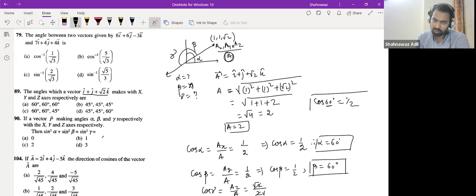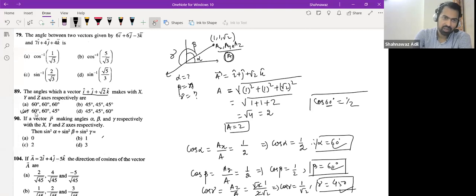So this is 1 by root 2, and so what would be the angle, guys? For what value of theta is the value 1 by root 2? So this is 45. So you see the angles are 60, 60 and 45.